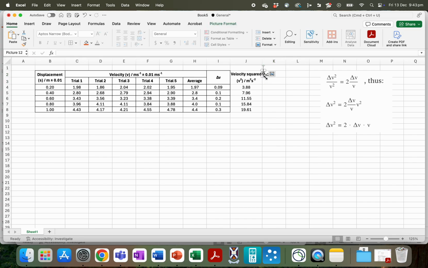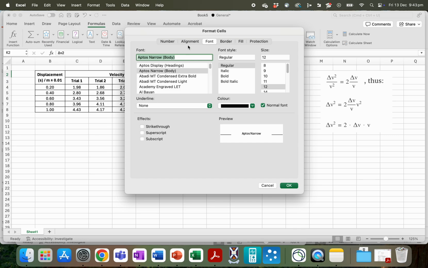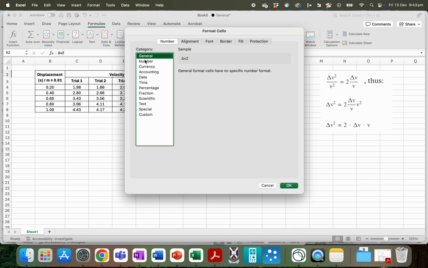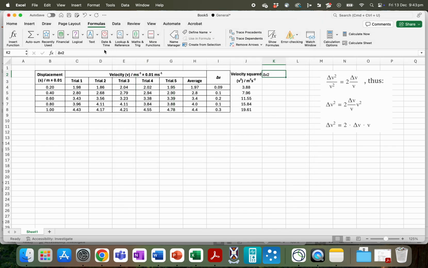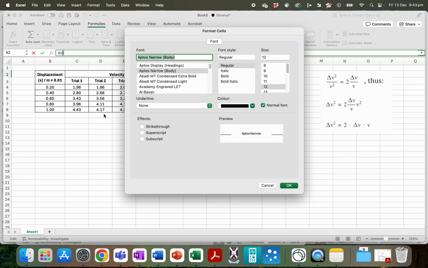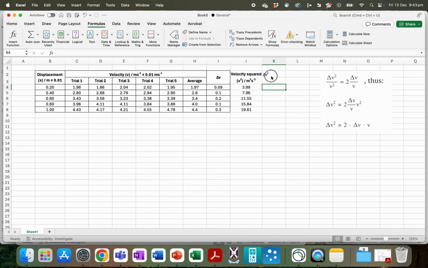Let's come back. Okay, so let's format cell, not formula, format cells, alignment, number, yeah. So it's in general, so it's issues. Okay, so number. Okay, let's try again. And superscript the 2. Very good. Okay, so we've got that now.